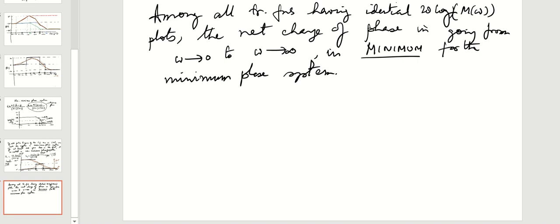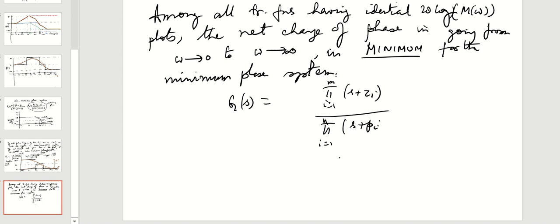Anytime you have at least one of the zeros on the right half plane, it ceases to be a minimum phase system because it contributes more. Let's see how that is true. So what is the total contribution? Let's say you have a transfer function G(s). We'll take the simple first order factors. This is the same for the second order factors, right? So let's say this is the product of (s plus zi), i equal to 1 to m, over the product of (s plus pi), i equal to 1 to n.